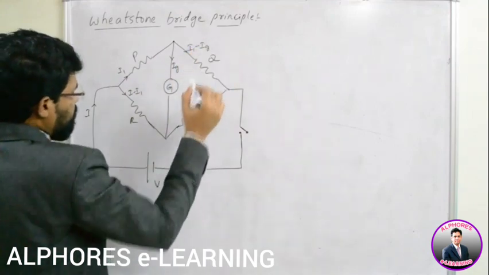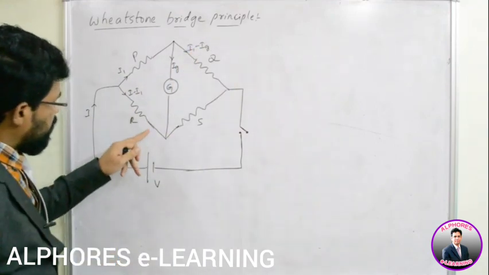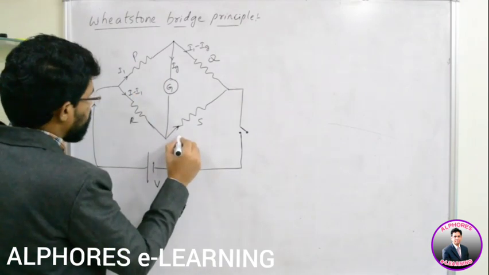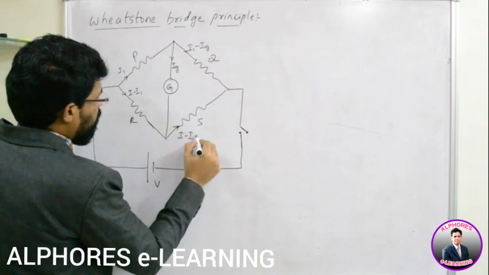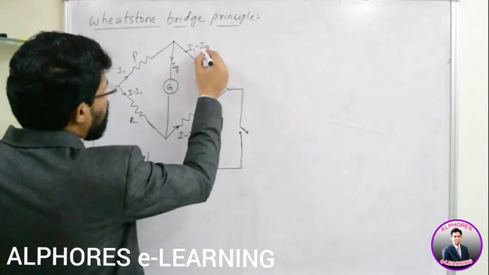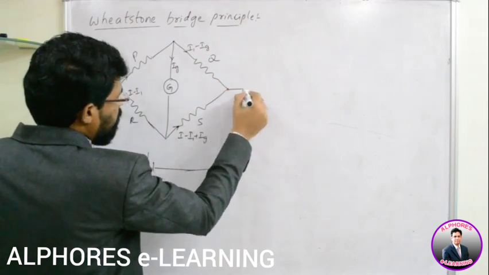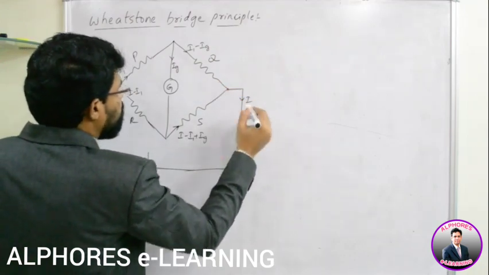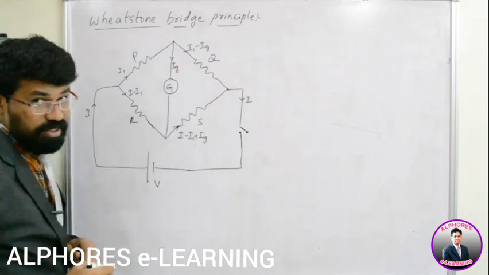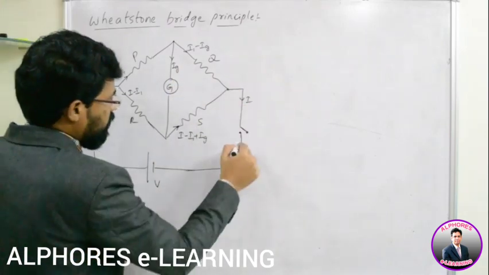The I minus I1 and Ig meet at this junction and flow into this branch, giving I minus I1 plus Ig. I minus I1 plus Ig and I1 minus Ig combine here, and finally we get I. You can check that: minus Ig plus Ig cancels, plus I1 minus I1 cancels, and we are left with I. So the current I enters here.